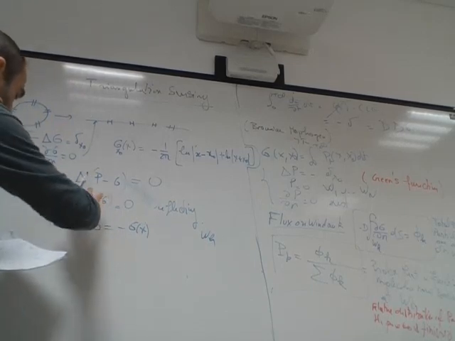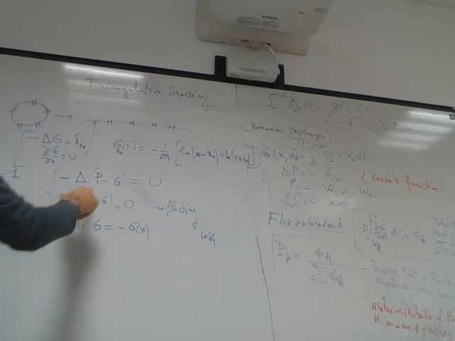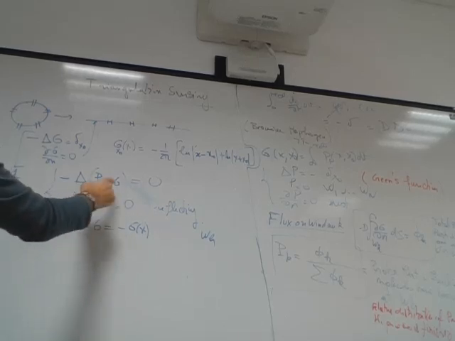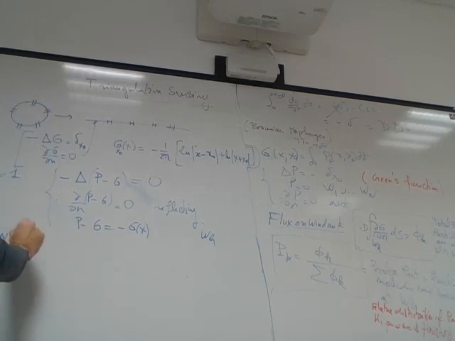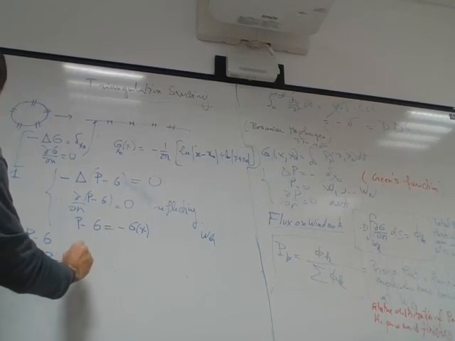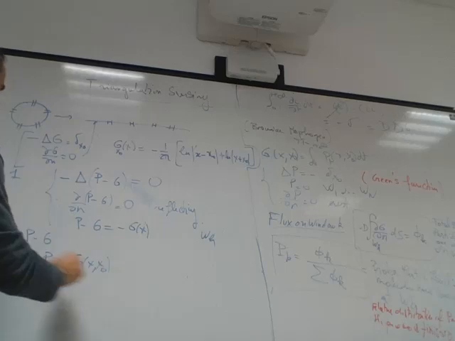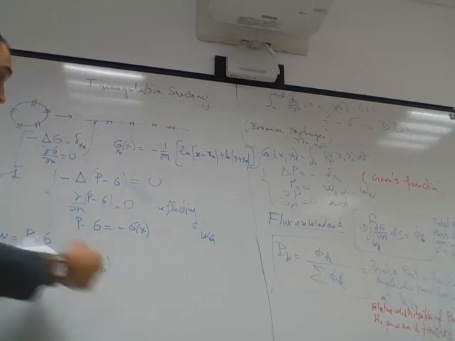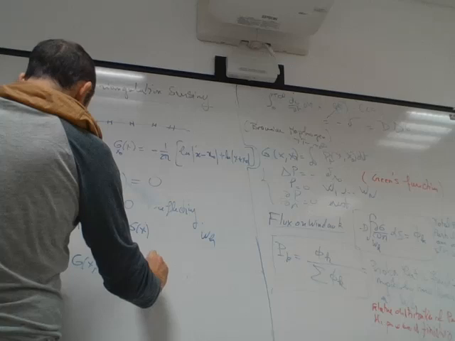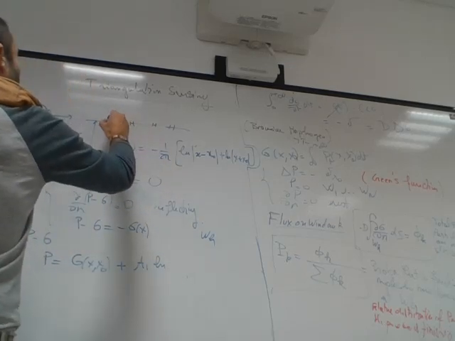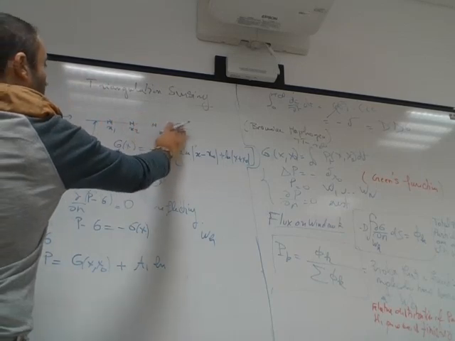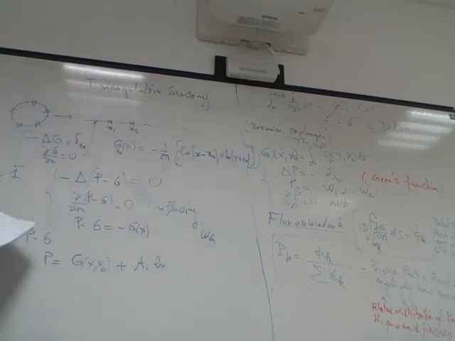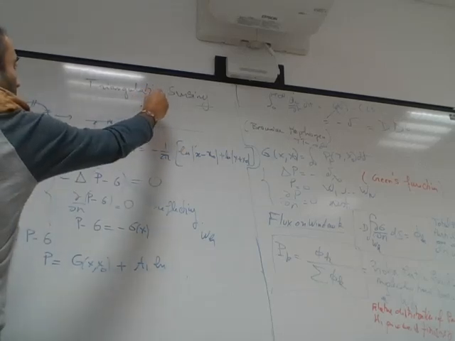Now I'm going to show you how to write the solution of this equation. I'm interested in W, which is basically P minus J. So I'm looking for W, and I will write P equal this Green's function at x0, and now I'm going to give you a shape for W, and then we will see that it works. It's going to be a constant A1, so I call this point x1, I call this point x2, and I suppose I have only 2, and this is the point x0.